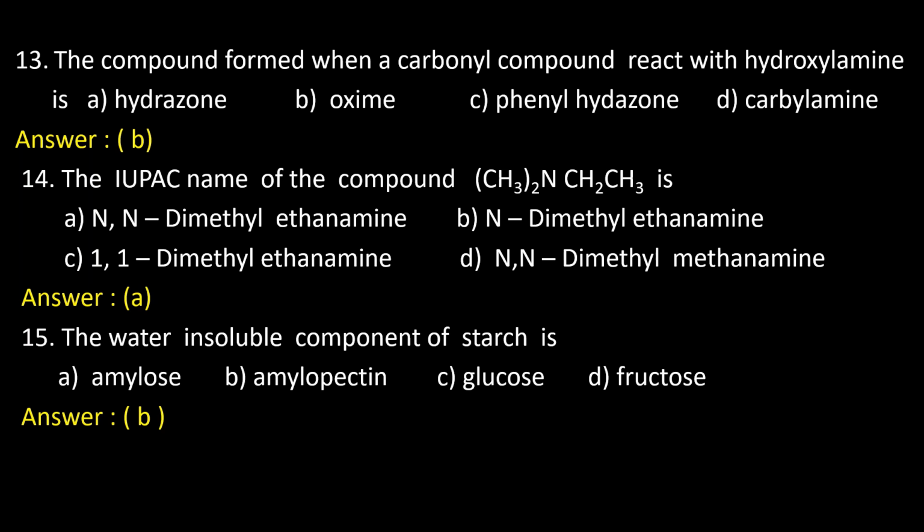Amylose, that is option A, is a water soluble component, whereas amylopectin, option B, is a water insoluble component. So the correct option is B, amylopectin. Here glucose is actually the monomer of this starch, alpha-D-glucose is a monomer of the starch, and fructose is not present in starch. So the correct option is the B option, amylopectin.